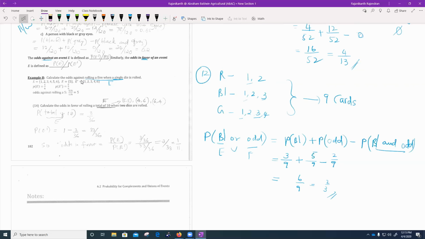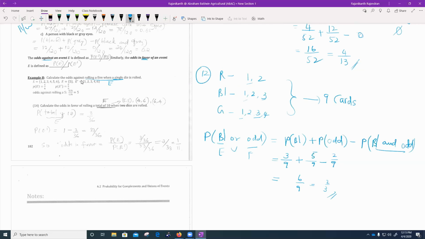So first of all, I'm finding the probability of E. The formula says n(E) over n(S). So the number of outcomes in E is just 1, over the number of outcomes in the sample space, which is 6. So it is 1 over 6. Then P of E prime is going to be the remaining outcomes, 5 out of 6.